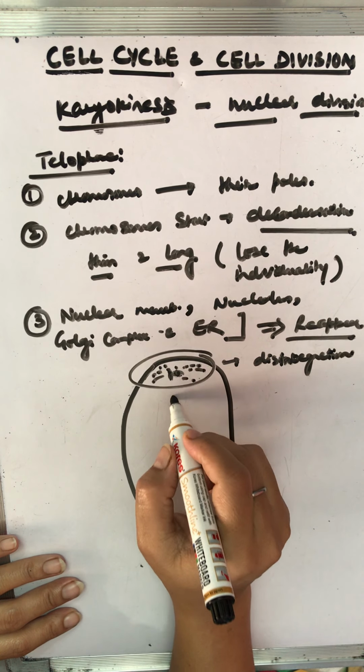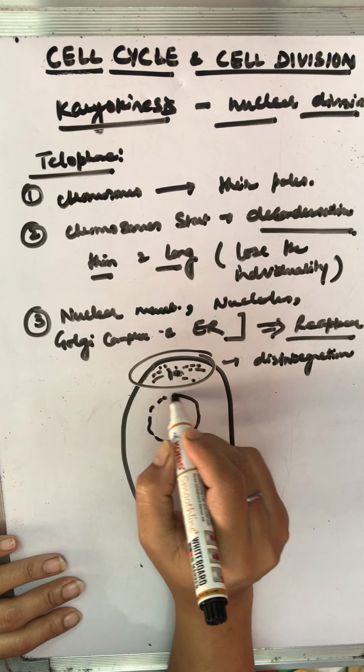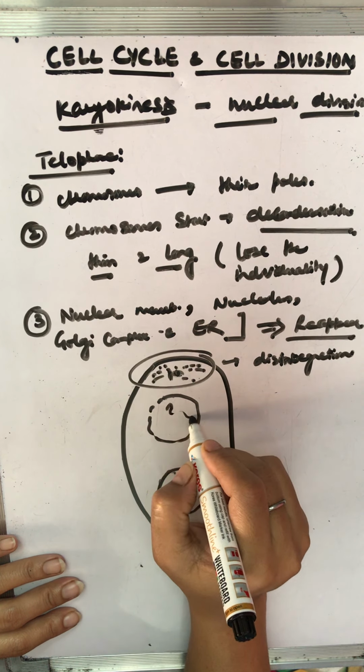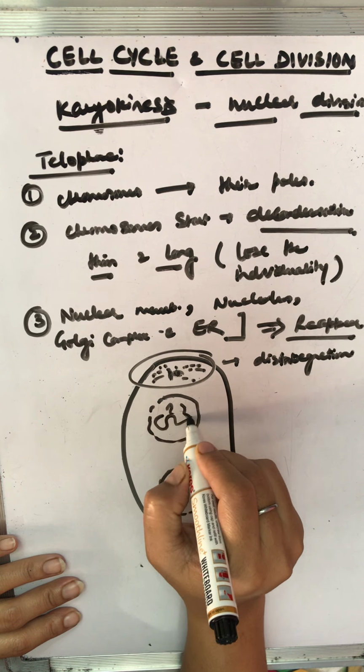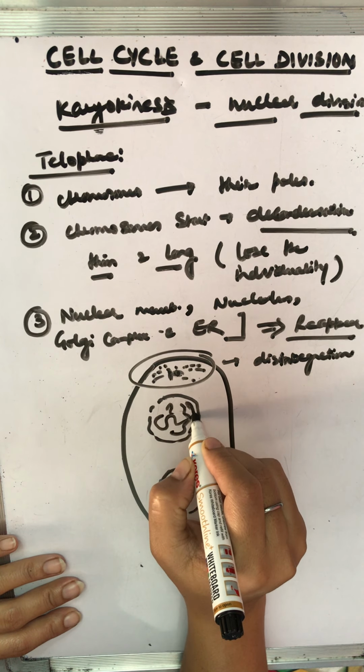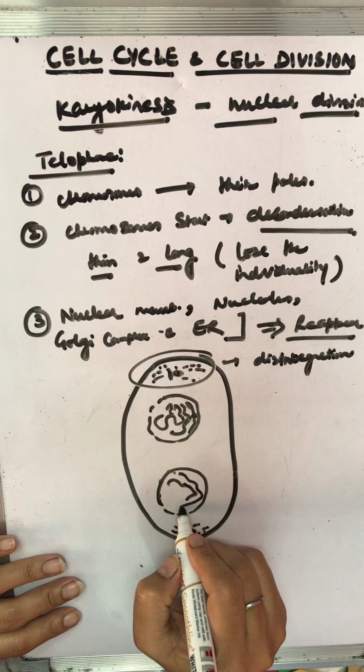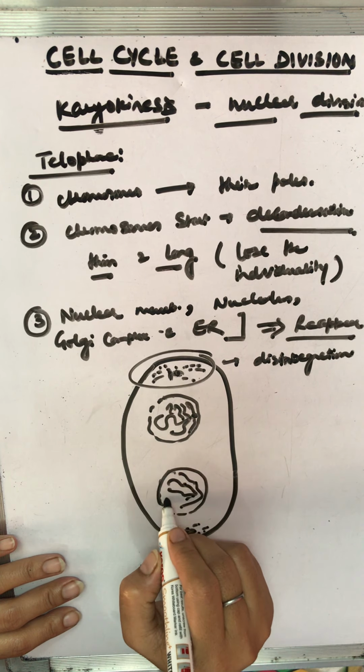And the nuclear envelope is completely getting formed, where the nuclear material is decondensed to form fibers, and these are thin and long fibers.